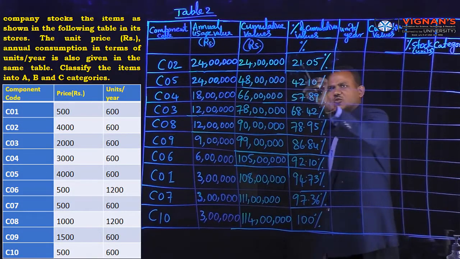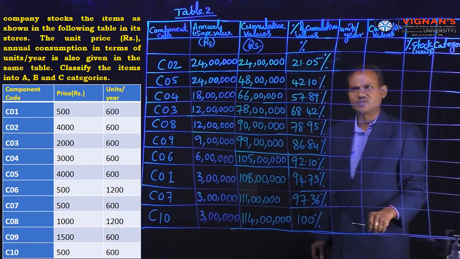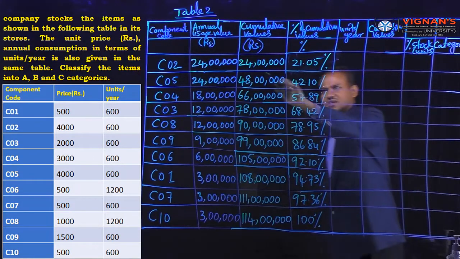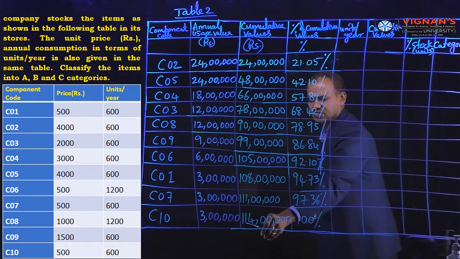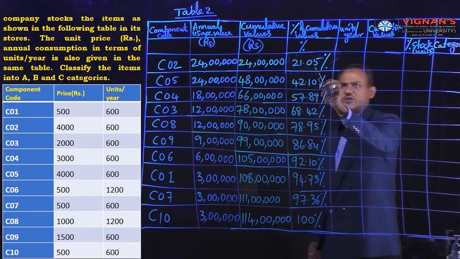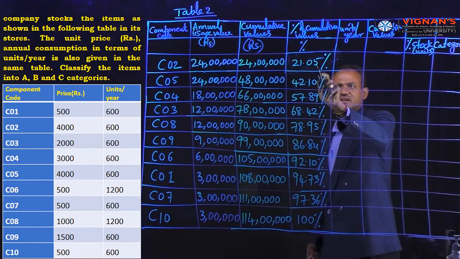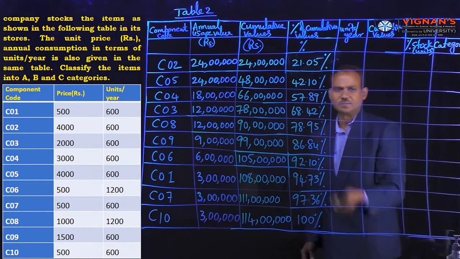For C02 component, how do we get 21.05%? That means 24 lakh divided by total value, that means 114 lakh. 24 divided by 114 into 100, it is nothing but 21.05%.